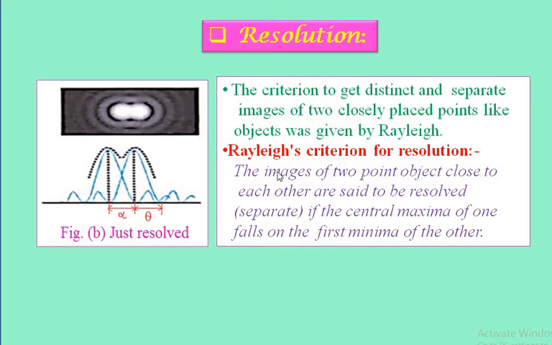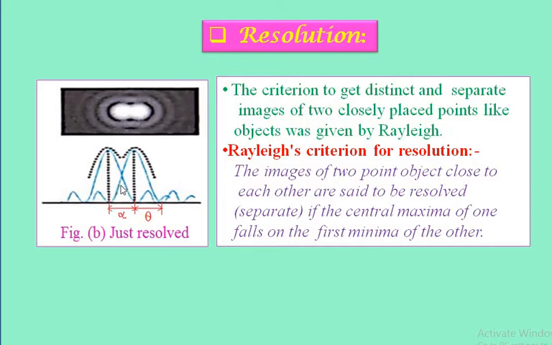Resolution is separation. Rayleigh's criterion for resolution is given by: the images of the two point objects are said to be resolved, that is said to be separated, if the central maxima of one exactly falls on the first minima due to the other.